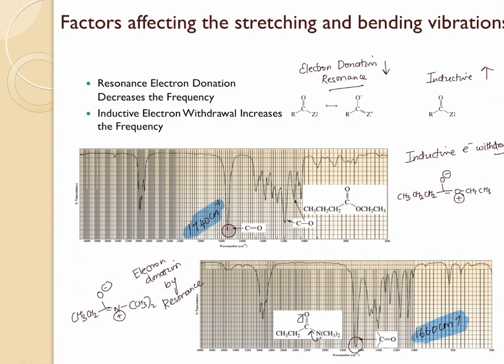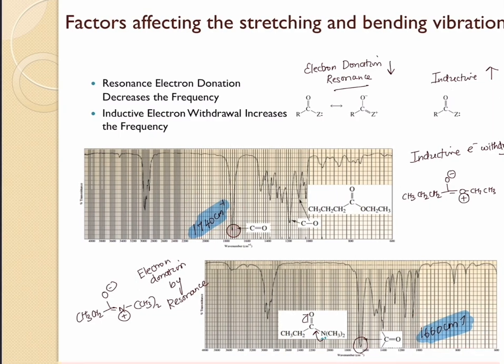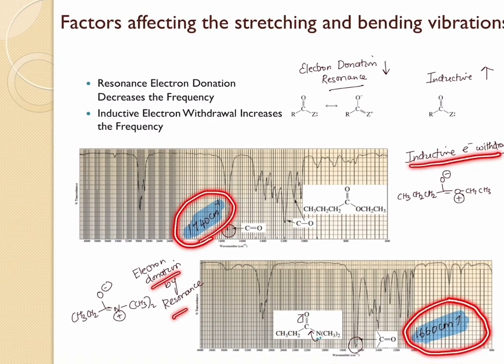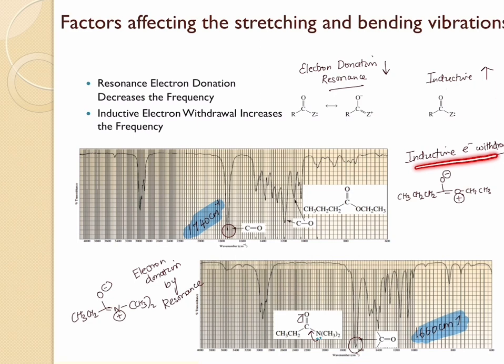You can see the difference in the stretching frequencies of the two carbonyl groups in these two different compounds is because of the two different effects. While the inductive electron withdrawal is going to strengthen the carbon-oxygen double bond, making it stretch at a higher frequency, the electron donation by resonance is going to weaken the carbon-oxygen bond, thereby having the stretching vibration at a lower frequency.